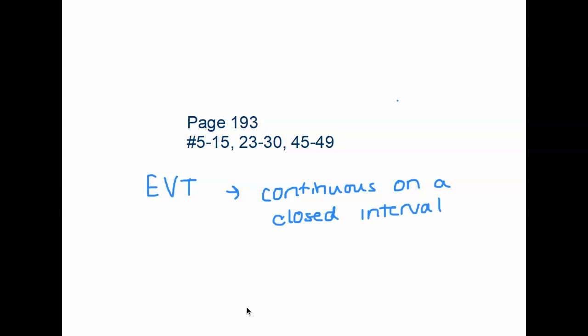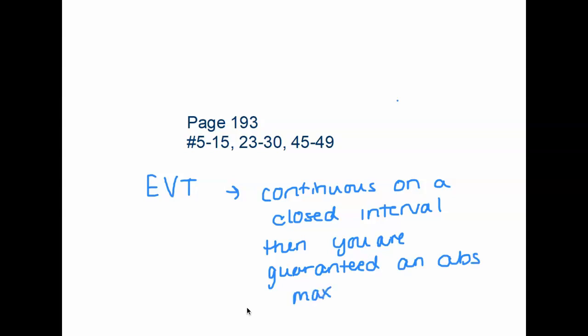And if it's continuous on a closed interval, then you are guaranteed an absolute max and an absolute min. But again, only if it's continuous on a closed interval. If it is continuous but not closed, then you could have local maxes and mins. If it's closed but not continuous, then you are not guaranteed anything.